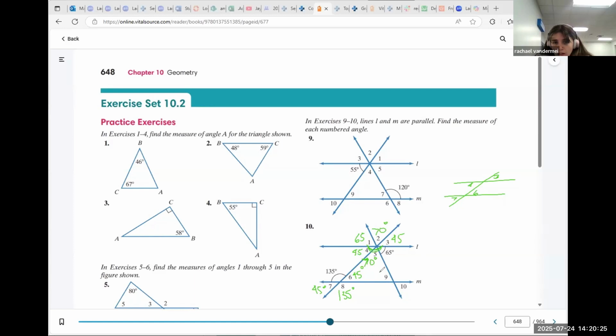35. Oh, so it's not an equilateral triangle. It's a little off. So angle 5, angle 6, and angle 9 have to add up to 180. So 70 plus 45 plus angle 9 has to be 180.